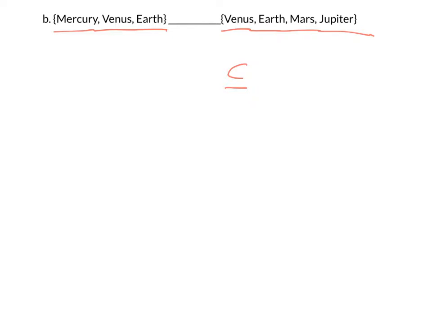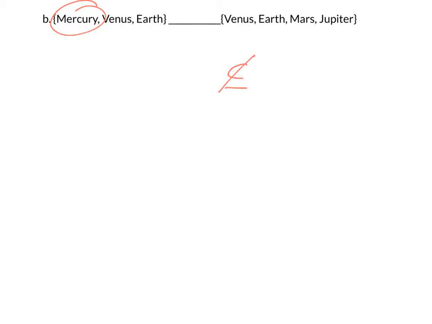So to see if it's a normal subset, all the items, objects on the left better be somewhere on the right. But when I look for Mercury, Mercury is nowhere to be found on the set on the right. So right away, I see it's not a subset because Mercury is nowhere to be found in the other set.